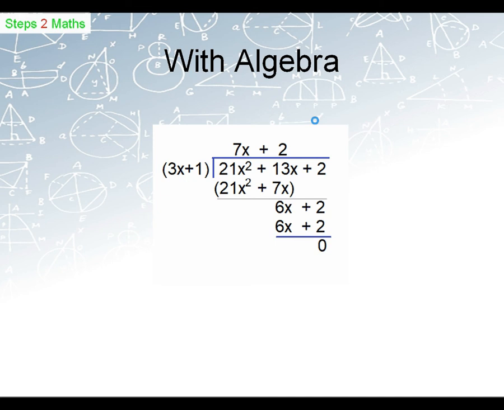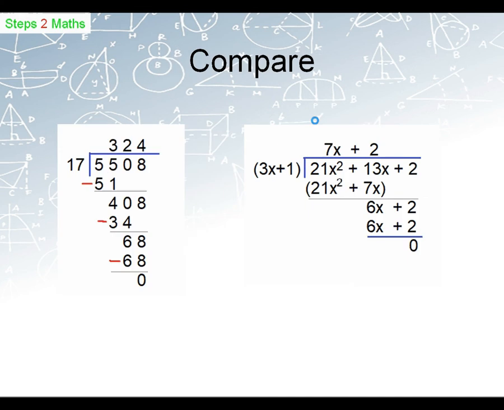Let's compare the two side by side. So on the left hand side, we had 17 into 55 goes 3 times. In our algebra question, we had 3x goes into 21x squared 7x times. So we're just dividing in to find out how many times it goes in. On the left hand side then, we said 3 times 17 is 51. We did this because we want to find out what our remainder is.